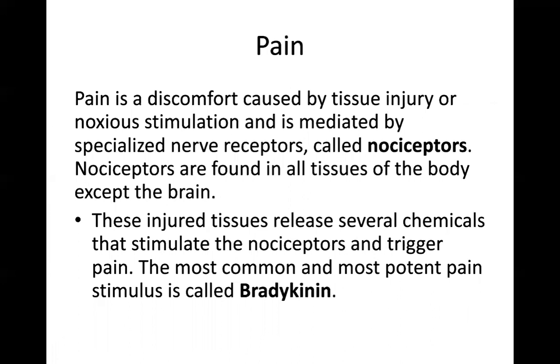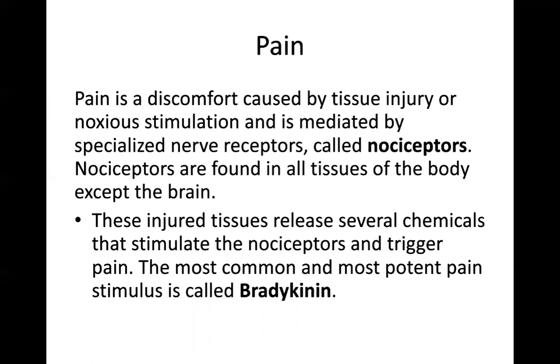Okay, pain is a discomfort caused by tissue injury or noxious stimulation mediated by specialized nerve receptors. Once again, we've seen them several times now. Nociceptors. Find them in all tissues of the body except our brain. And they are triggered by chemicals that are released when tissues are injured.